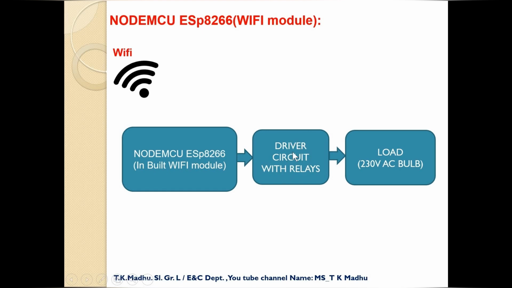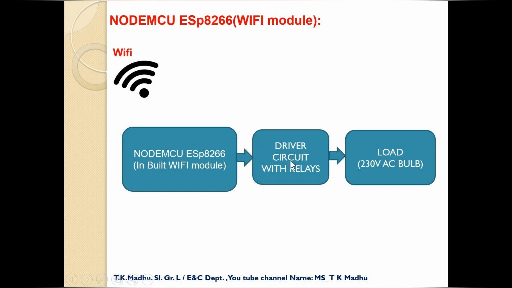Here the driver circuit will consist of an optocoupler and Darlington amplifier. Along with that 4 relays will be there. The output of this is connected to the loads, 4 loads. Here we have shown only one due to space constraints, but we can use 4 loads. Whenever you download the program, the output of ESP8266 will be 3.3 volt, with which we cannot drive these relays.